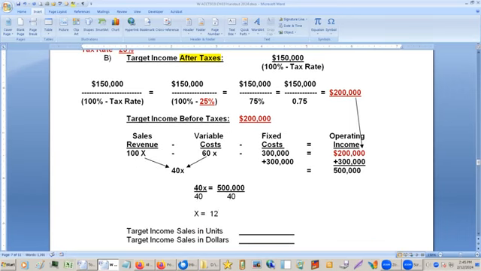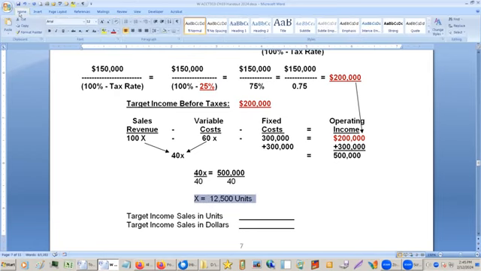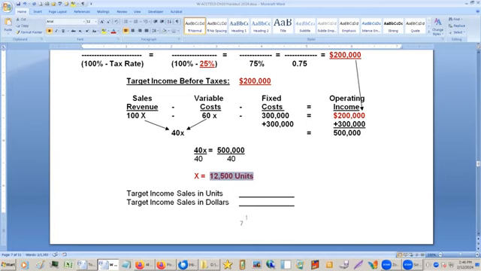$12,500 units. Maybe I'll check my math on that one.